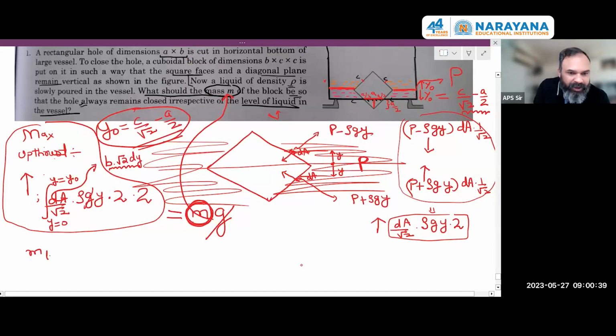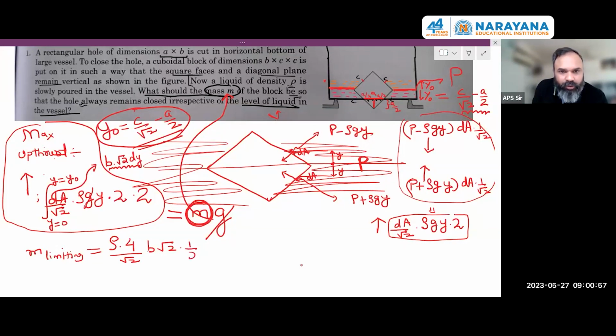So M limiting, the limiting value, is coming out as, take out the constants, rho into 4 by root 2, b root 2 also came out, then it became just y dy, y square by 2. So 1 by 2, y naught square, c by root 2 minus a by 2, the whole square.